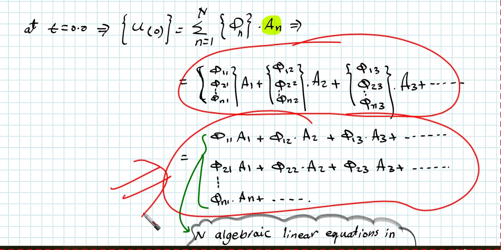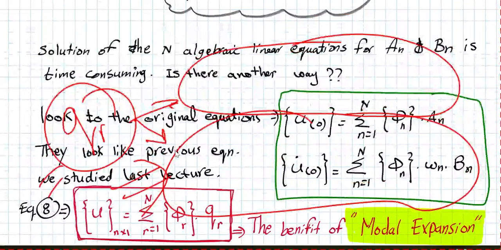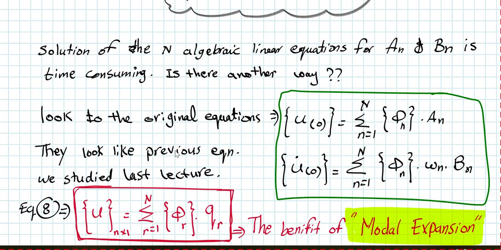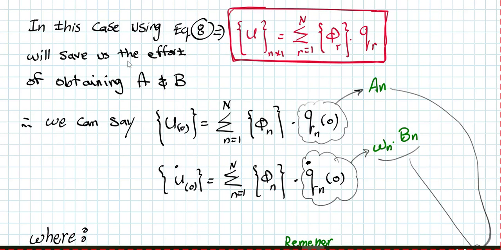So using qr and the technique of modal coordinates, or the modal expansion of displacement, is going to help us a lot in solving these equations. Now let's go down here, and I think we can erase, and then go to the next slide.